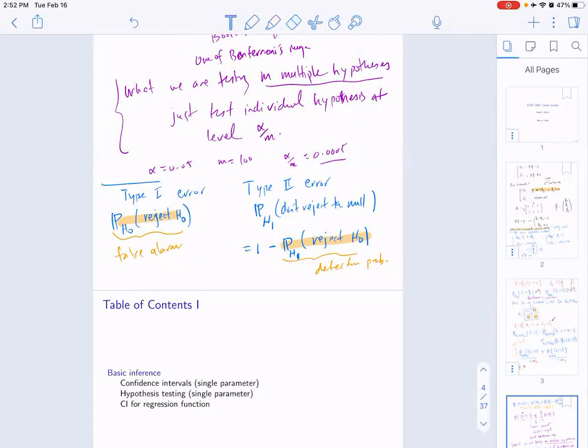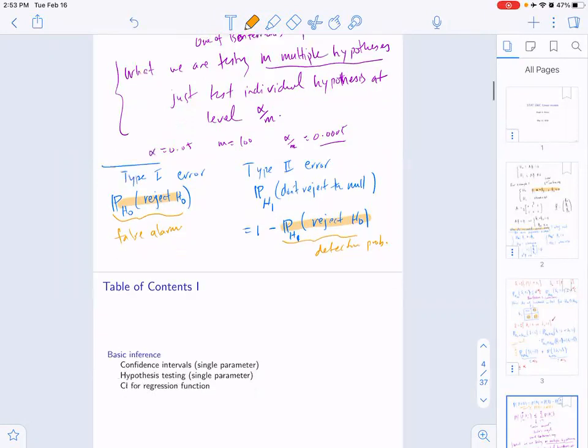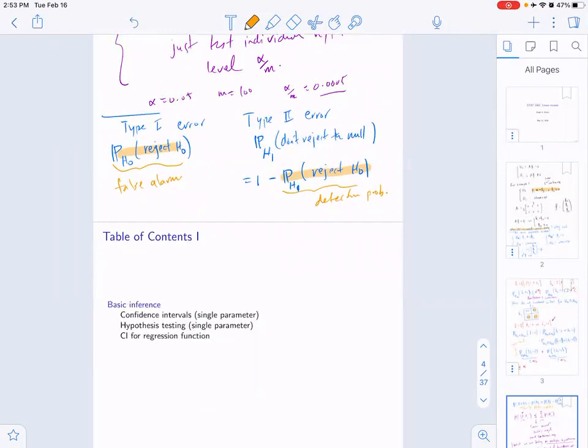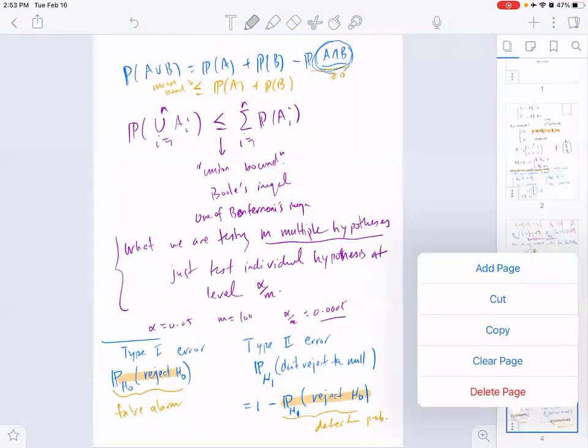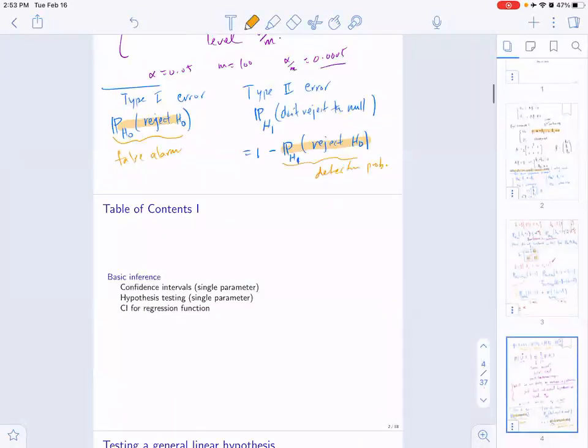So you also want to detect things. Whenever there is something there, like a missile, you want to make sure that you detect it. That's called the detection probability. If there actually is something there, you want to reject the null. You want to sound the alarm. This is also called something else in classification. Does anyone know the name for this in classification?